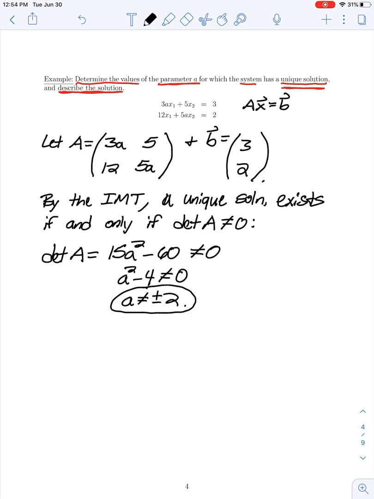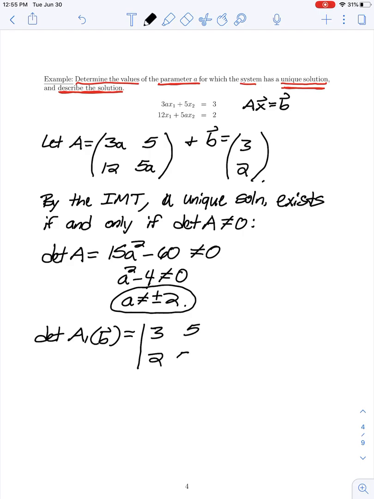So that was the first part of our problem, to determine the parameter values where that's true. The second part of the question says to describe our solution in that case. As long as this determinant is non-zero, we could solve for x1 and x2 by making use of Cramer's rule, which means that we need to find the determinant of the matrices A1 of B and A2 of B. Now for A1 of B, we replace the first column of A by the vector B, which was 3, 2.